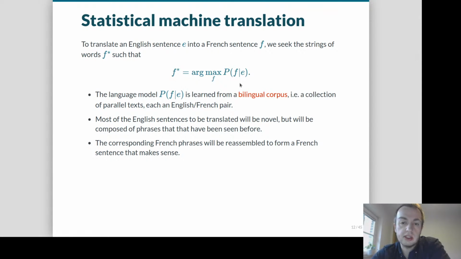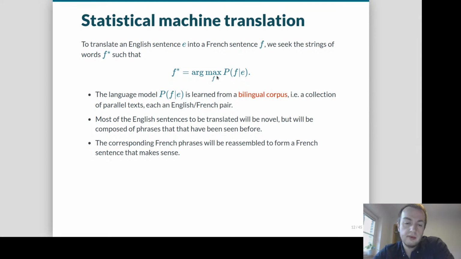The issue is, of course, how do we define this conditional probability between sentences? And then, even if we have that, how do we find this maximum F sentence?